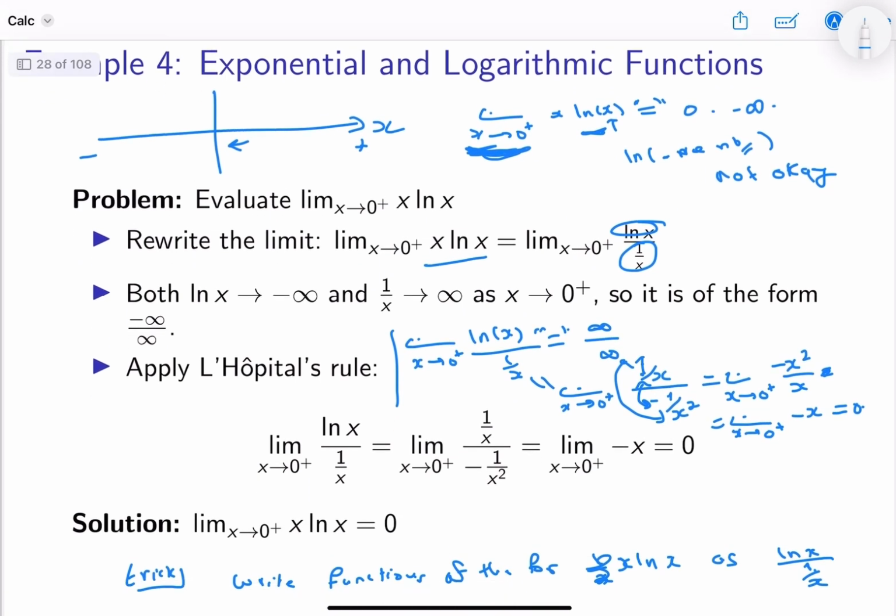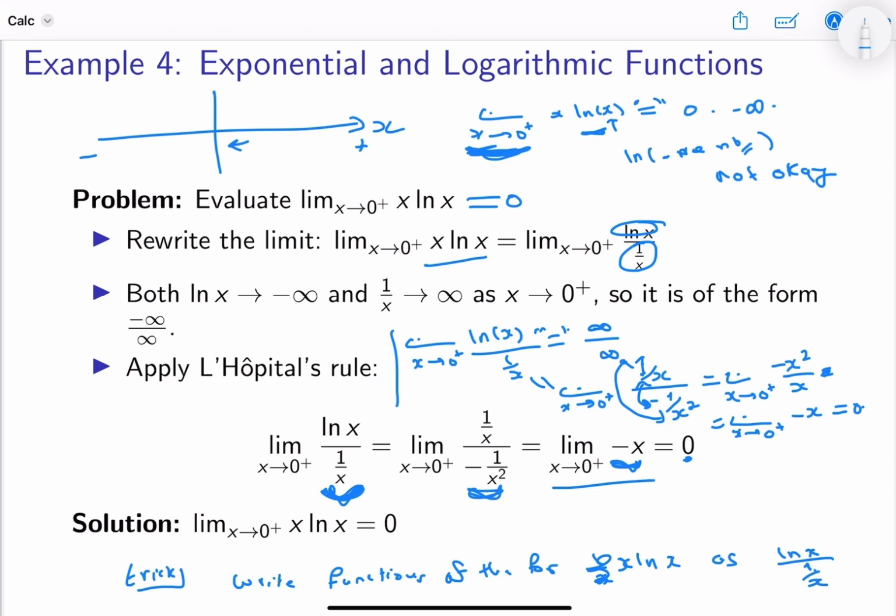And here's a cleaner solution. You apply L'Hopital's rule to this rational function, and you get this form, and then you rearrange things and you get negative x, and what's the limit of this? It's actually 0. Okay, so this is an important limit to keep in mind, that the limit of x ln x is 0, right?